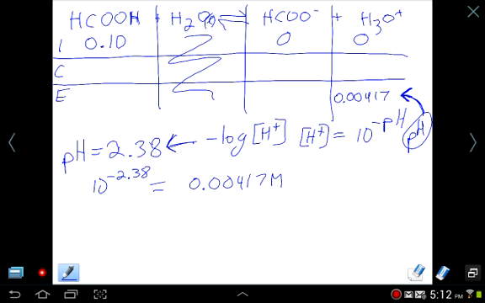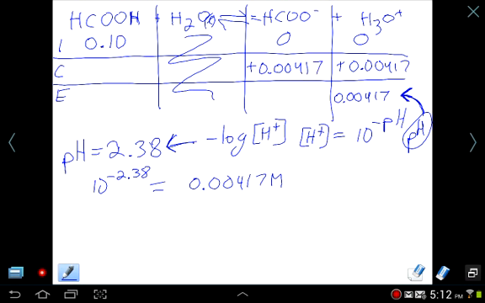This version of the icebox, we can fill the rest of the information in, and we'll get ourselves the necessary information to then solve for our K. We know that to get to equilibrium, we must have added 0.00417 here. Since it's a 1-to-1 ratio, this substance here, the conjugate, will also be plus that amount.